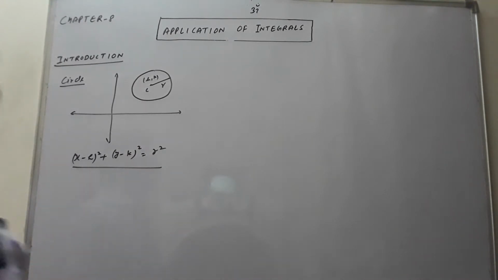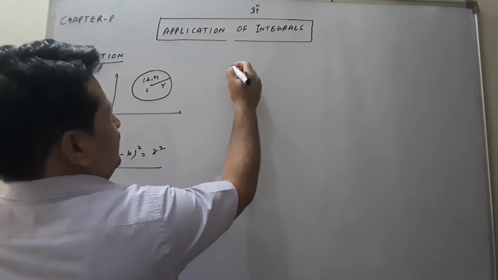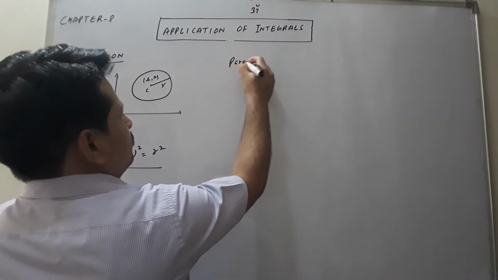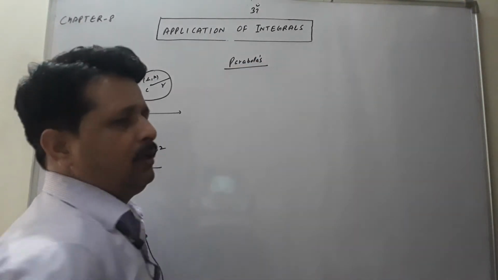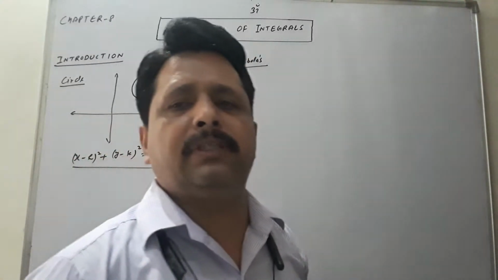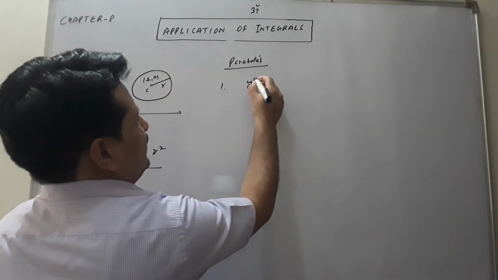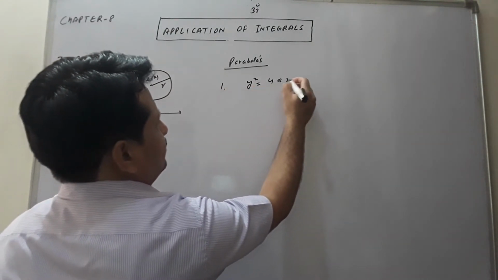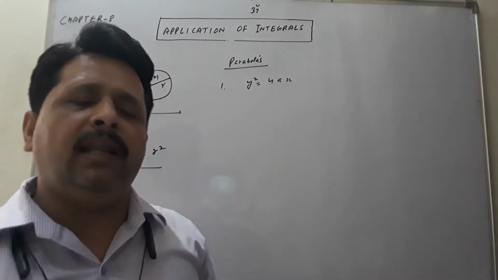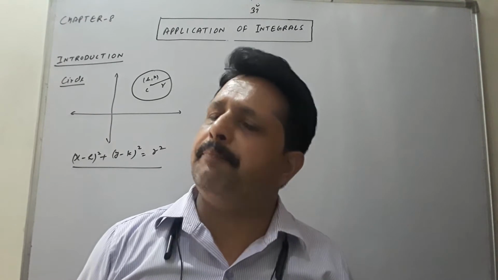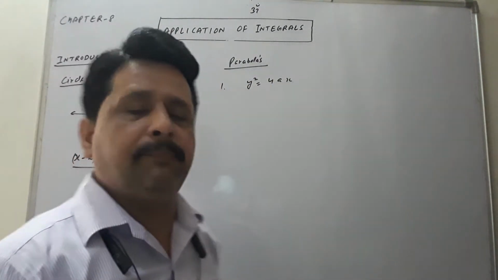So in this chapter we will make use of the circle, and after that there is the parabola. We have four types of parabola, students. First one is y square is equal to 4ax. Try to understand here, while we discuss the application of the integrals, we will find out the area of the parabolas.